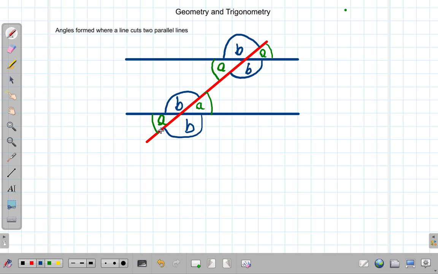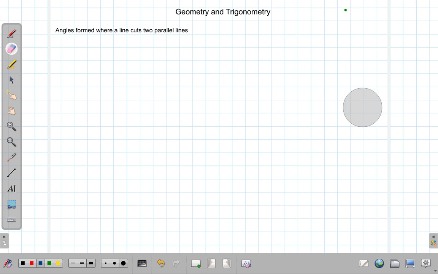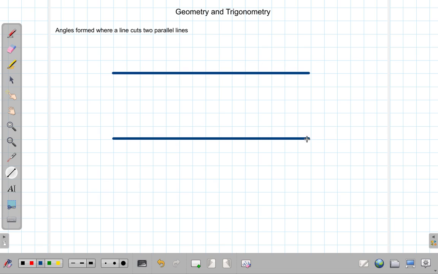Now, let's look at an example with some numbers. Let me draw this line and this line are parallel, and then I have this line that cuts both of them at the same time, right?